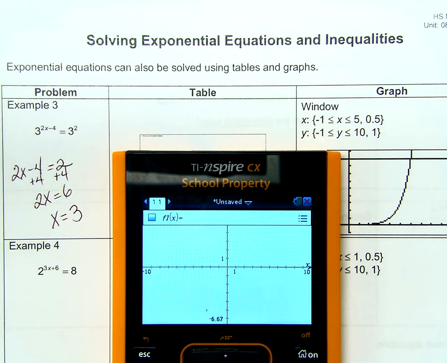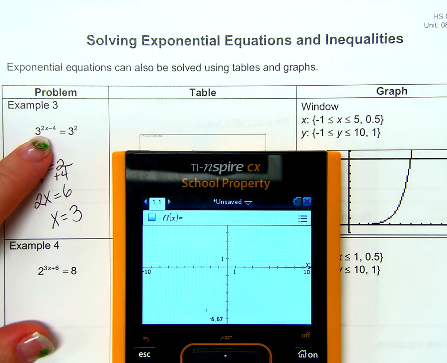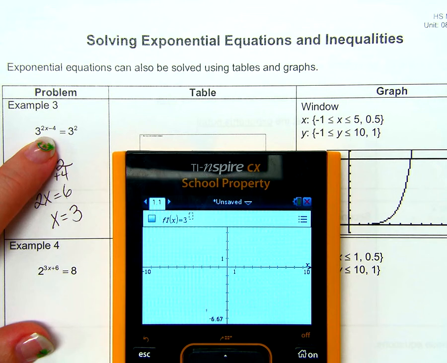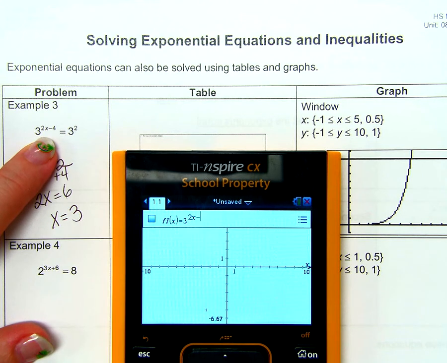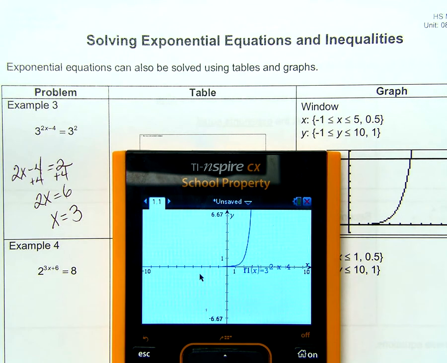Okay, so here's my graph right now. How we're going to solve this with the calculator is I'm going to enter 3 raised to the 2x minus 4, and then I'm going to press enter. I know I only put one side in there. That was on purpose.